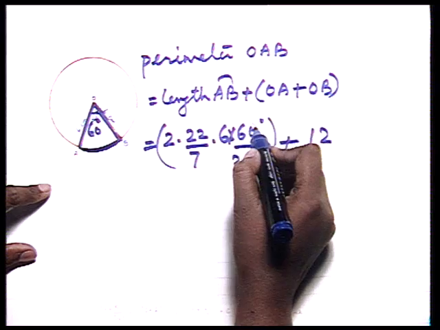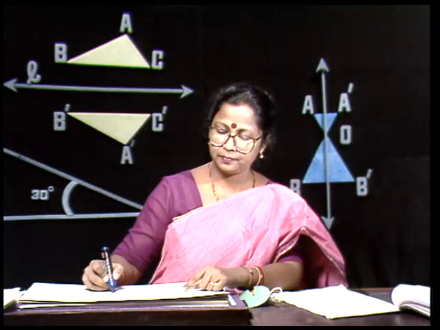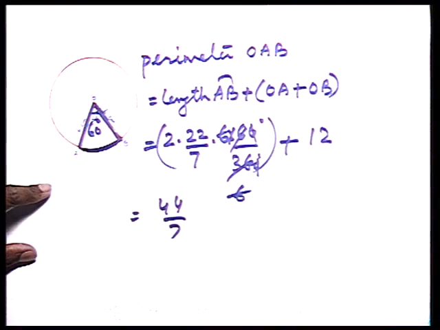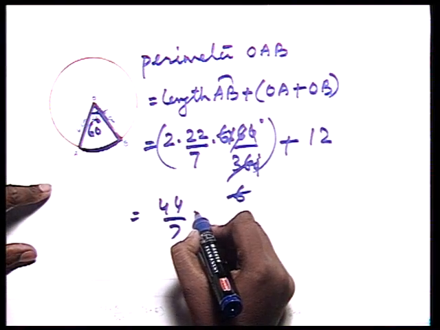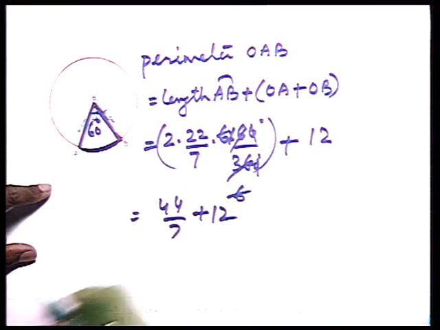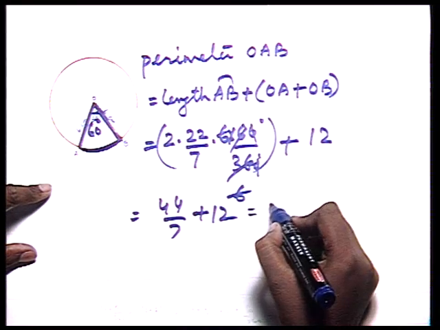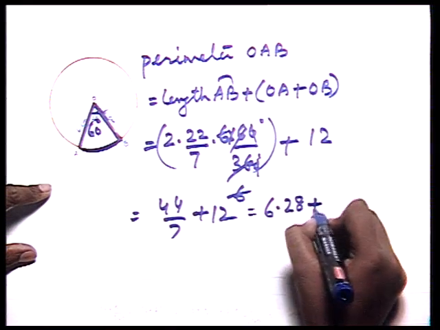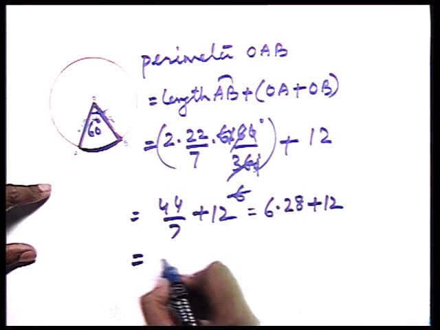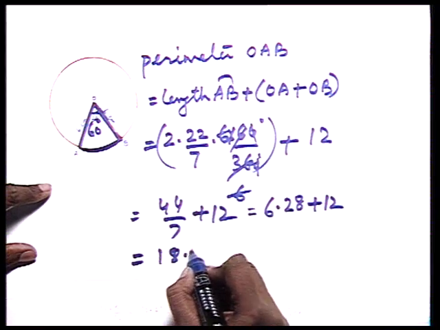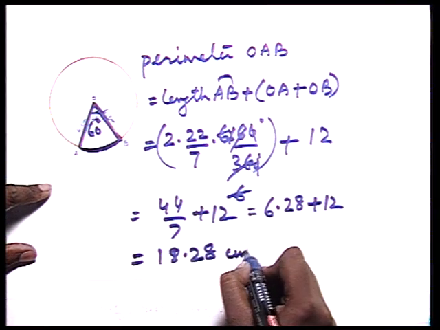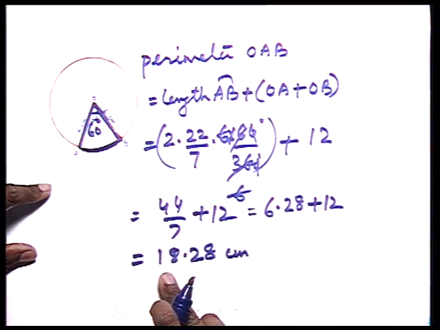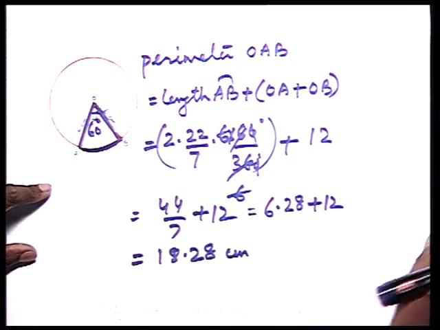We get here 44 upon 7 plus 12, which is equal to 6.28 plus 12, which is nothing but equal to 18.28 centimeters. So, the perimeter of this sector is equal to 18.28 centimeters.